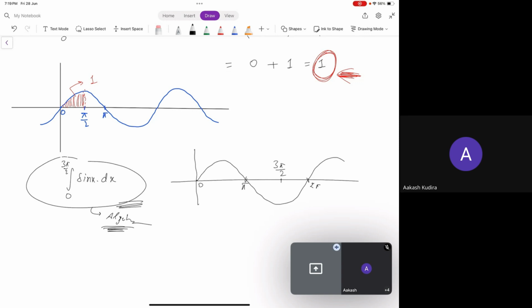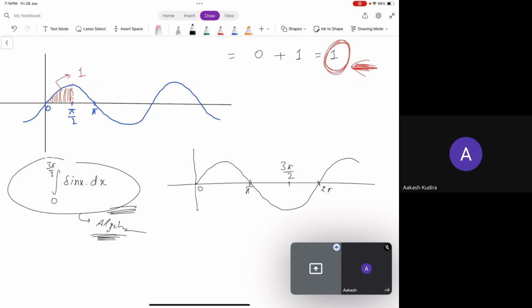Now from here, one more thing you all should remember: this portion and this portion are actually equal. The graph is very symmetric. Also this portion and this portion are equal. For example, if the area of this portion is 1, then the area of this portion is also 1.